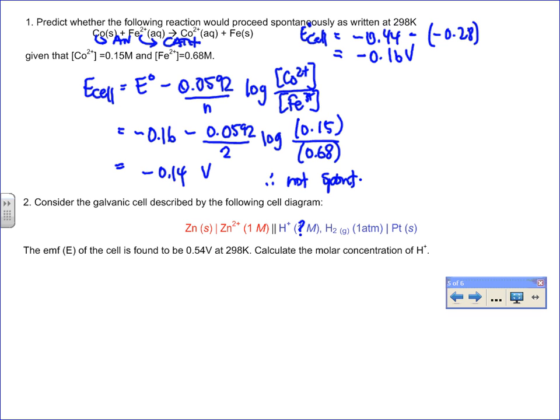In this next example, you're given a galvanic cell, and it's found to have an E cell of 0.54, and they want the molar concentration of H plus for that particular scenario. So you've got the E cell, and we can find the E naught. This is the zinc connected to the SHE electrode.